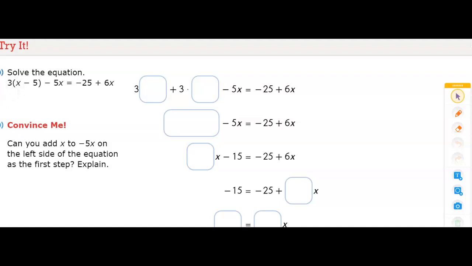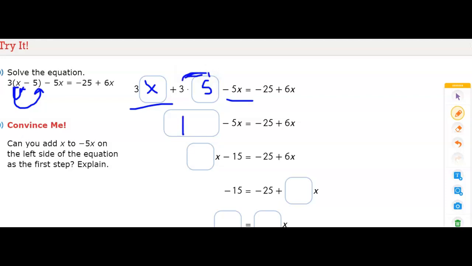So we have 3 times x, that we're going to write here. It's going to be x, and then you have 3 times 5 that goes here. Minus 5 times x equals a negative 25 plus 6 times x. So now we're going to combine our like terms, which would be the 3x and the negative 5x, and then we also have to multiply 3 and the 5.